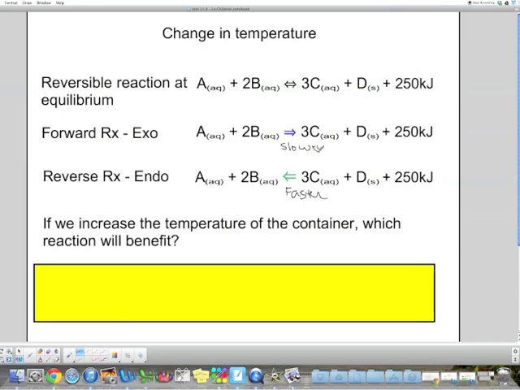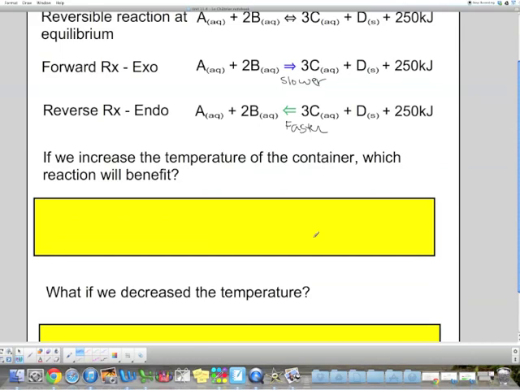Not that it slows down, it's just that the other one is faster suddenly, so it makes this one look as if it's slower. So if that's the case, I'm going to be making much more A and B and a little less C and D if I increase the temperature of the system, until the system finds a new equilibrium again.